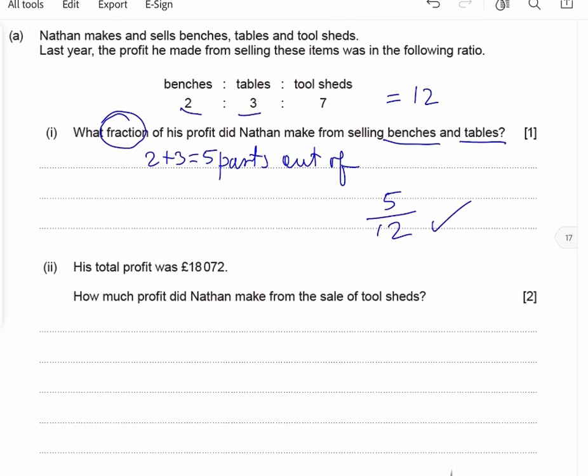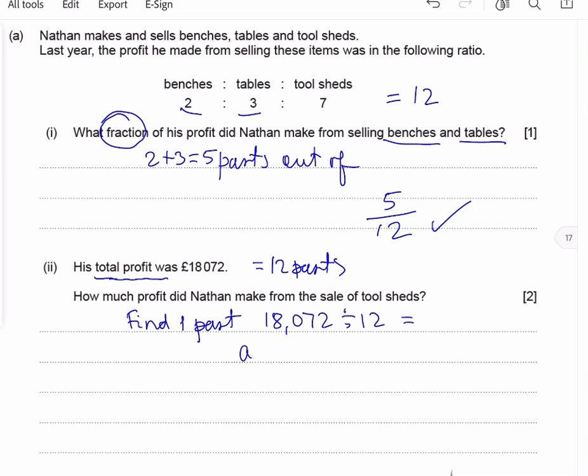So his total profit was £18,072. That profit includes selling all of them, all the wooden items. And we're going to work out how much profit he made from selling tool sheds.